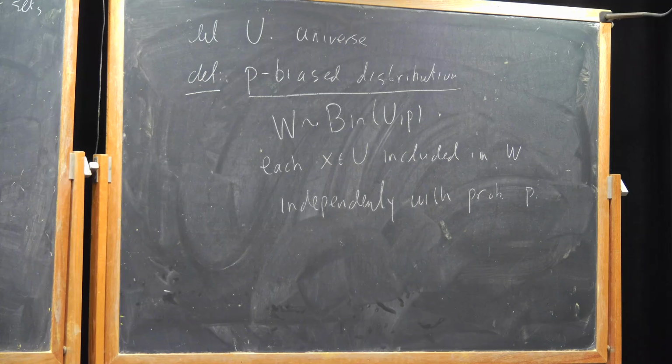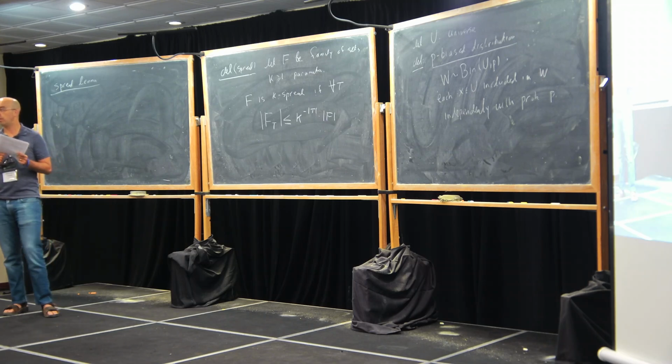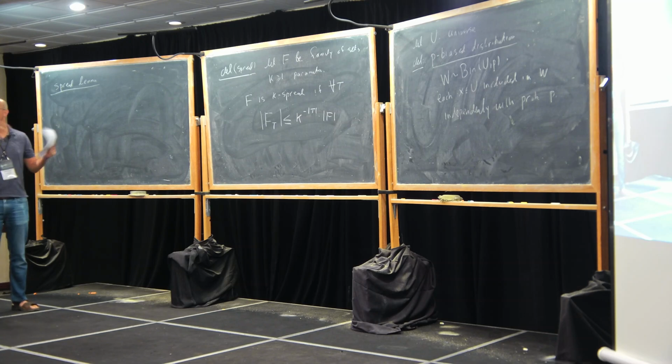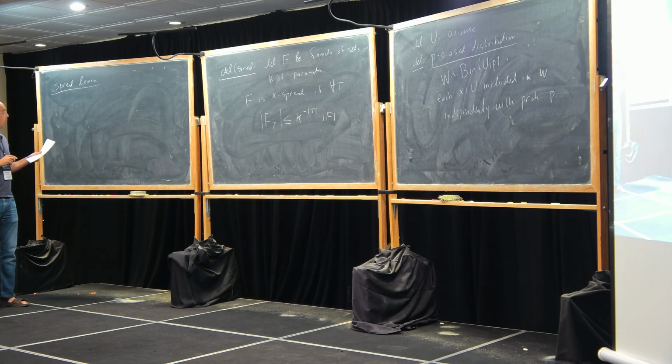It's a distribution of a subset of the universe where every element is included independently with probability p. So it's the same as a p-random subset of U? Yes, exactly the same. The thing has many different names. I would call it a p-bias distribution or a p-bias set. It's the same thing. Okay, so here's the spread lemma.